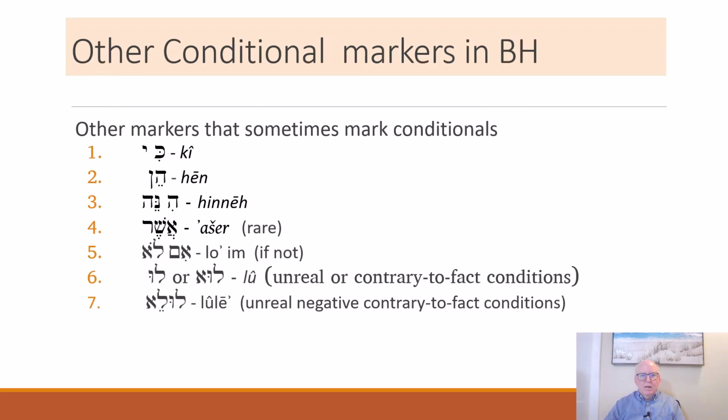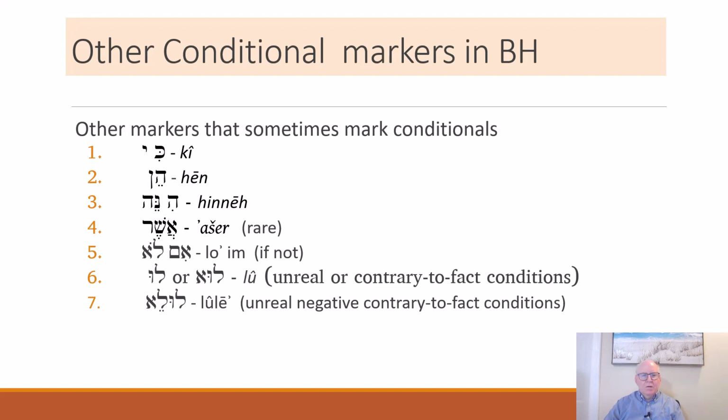There are other markers in Biblical Hebrew that are used for certain kinds of conditionals, the counterfactuals, the last 2. And then there are some other markers or particles that are sometimes used for conditionals. So there's key, which is generally that, hin and hinna, which people debate.